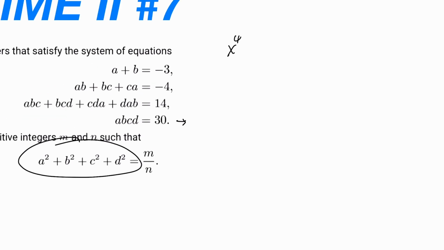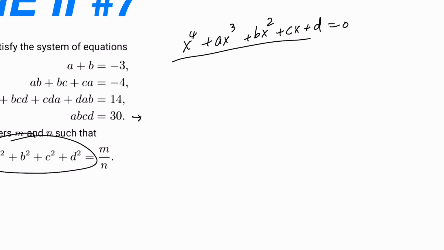In, let's say, x to the fourth plus ax cubed plus bx squared plus cx plus d, in such a polynomial or such an equation, if we set it to 0, then the product of all roots a, b, c, d is equal to negative 1 to the fourth power, because that's first power, second power, third power, fourth power. So it is positive d. I really should not have used the same variables, but I'll just use d prime. So it's equal to positive d prime.